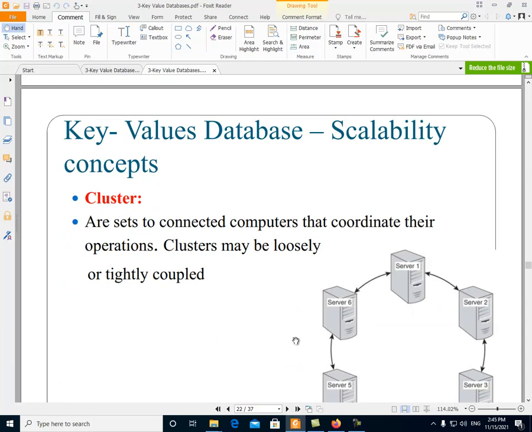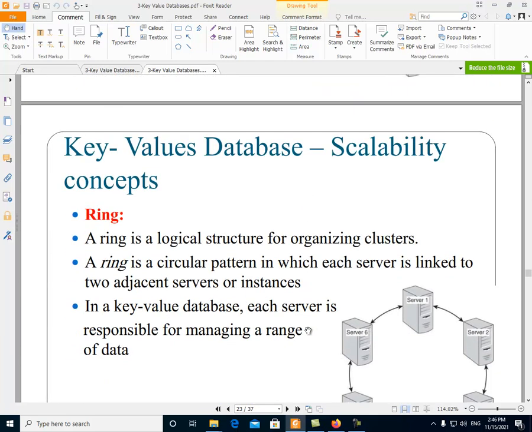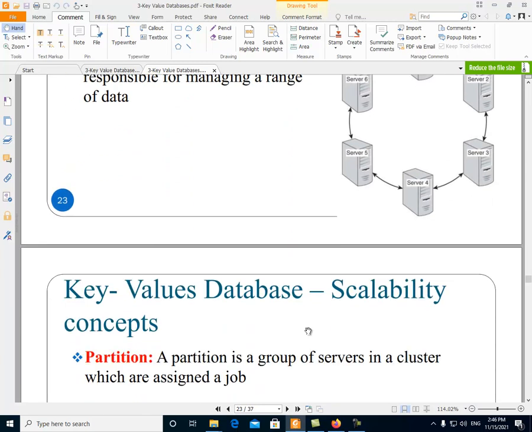In the key value database, we have the scalability concept, as we said, and first we talked about the cluster. The cluster is a group of servers that are connected, and the ring is a logical structure in the cluster.